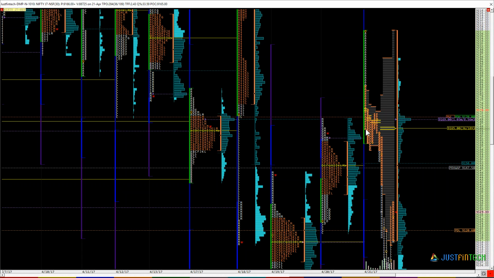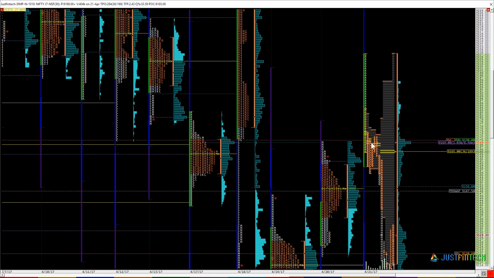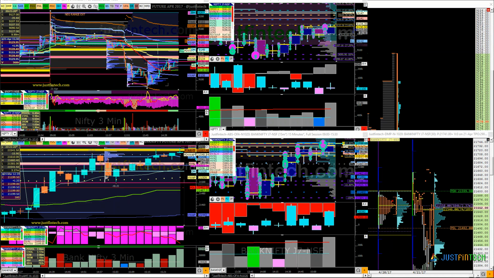So it pushed into the previous day's range, and then again tried to push down below this HVN. Let us pick up the pen and start marking those levels.